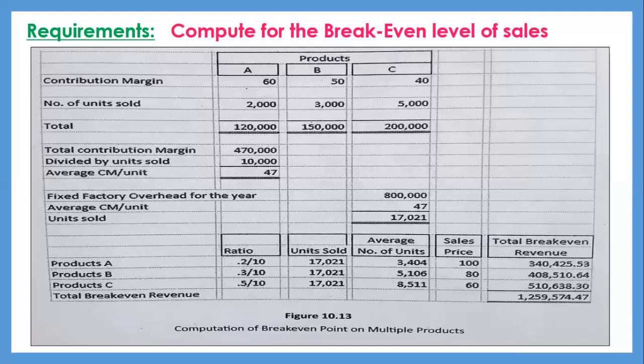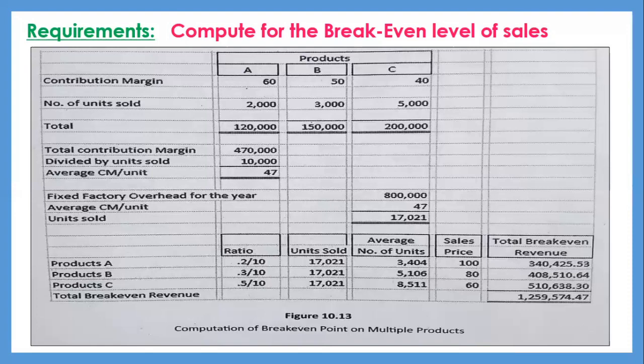Now, the next thing that we need to do is to get the total units sold. In order to calculate that, we need to have the fixed factory overhead for the year first, which was 800,000. That would be divided by the average contribution margin per unit, which is 47, and therefore the resulting value would be 17,021.